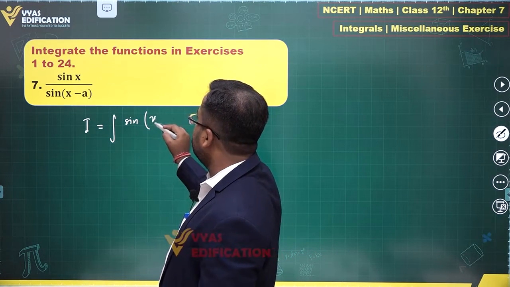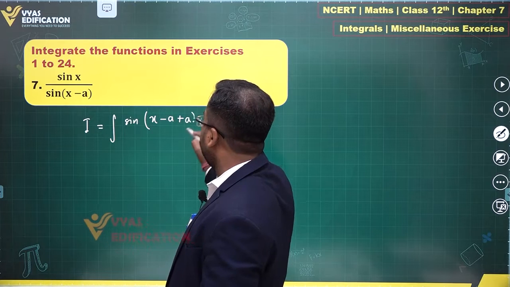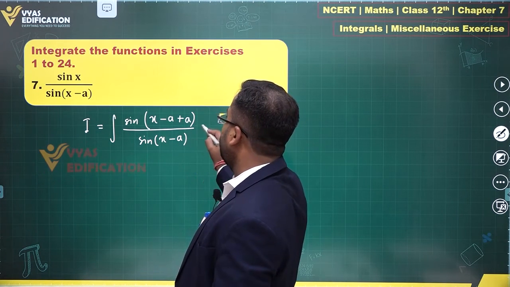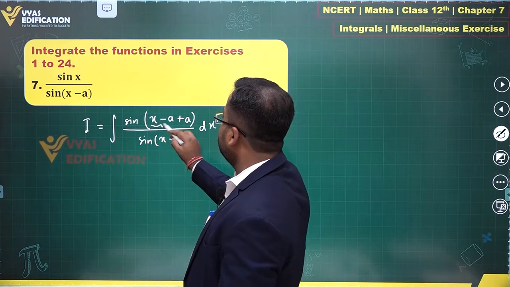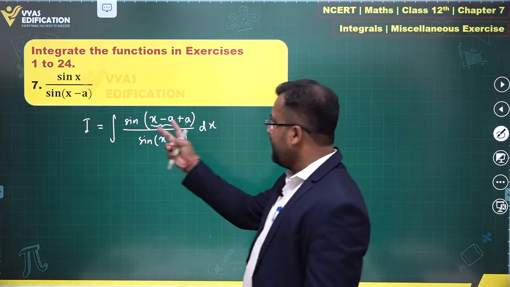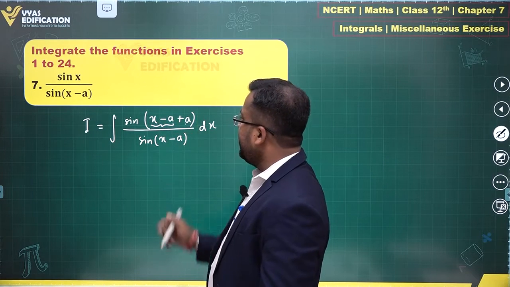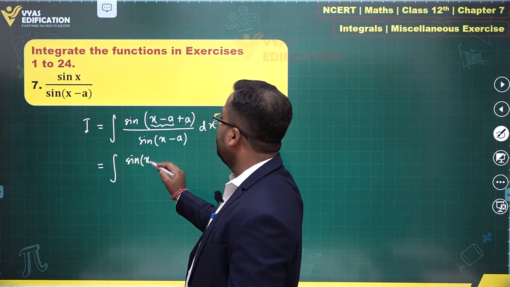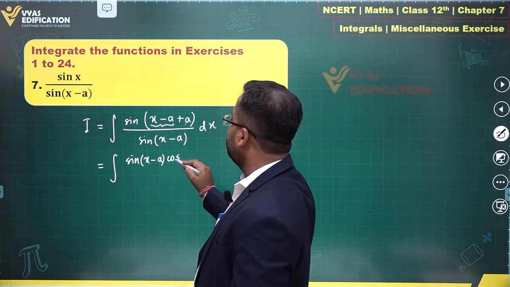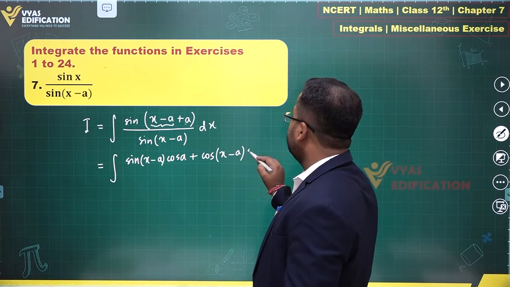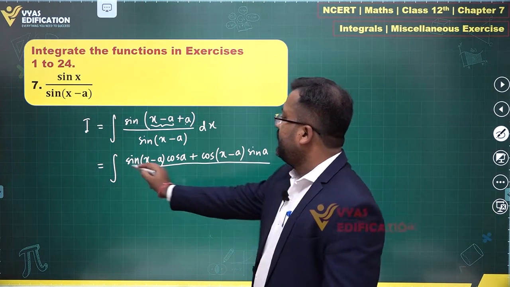Sin x can be written as x minus a plus a. And in the denominator, you have sin of x minus a dx. Now, if you observe, this is one angle, this is the other angle, right? Take a look at this as sin of first angle plus second angle, okay? And we can expand that. Sin first angle cos second angle plus cos first angle sin second angle.